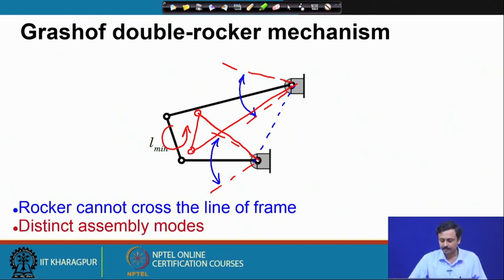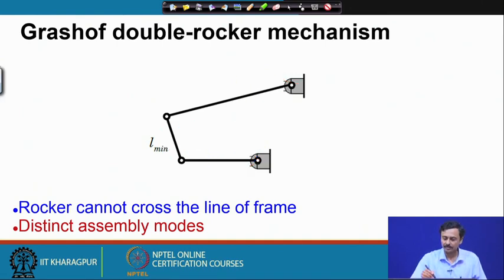And we have of course, distinct assembly modes. I can assemble the mechanism like this, or I can assemble the mechanism like this on the other side.